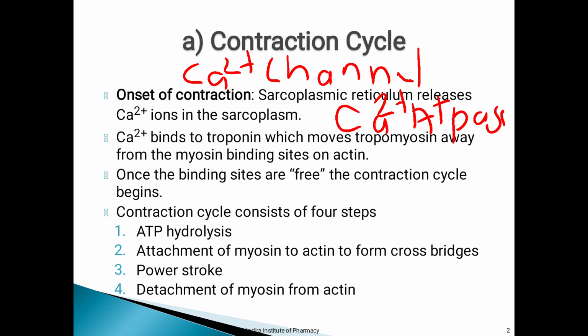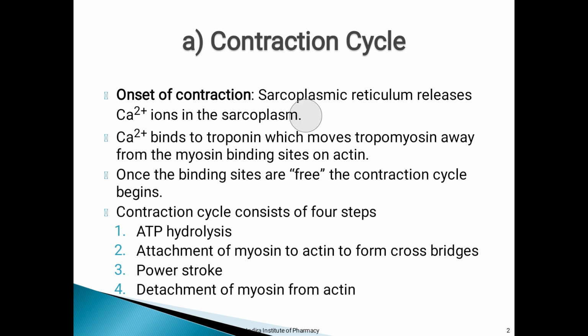This calcium channel will open and release calcium ions into the sarcoplasm.